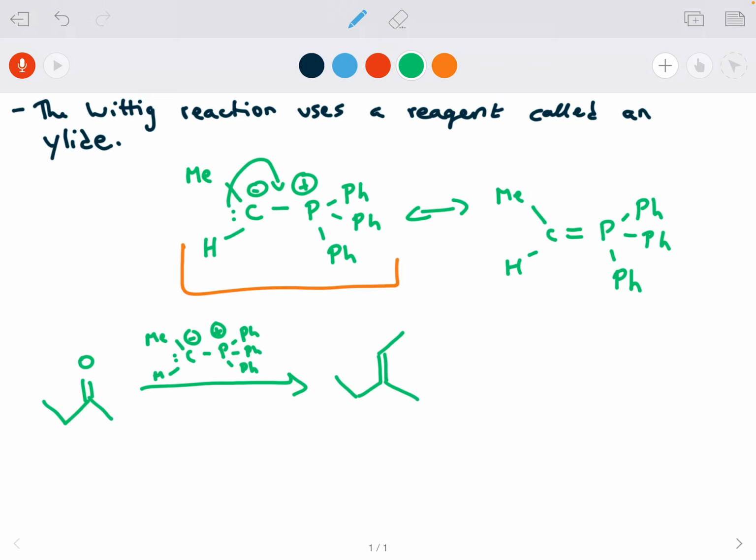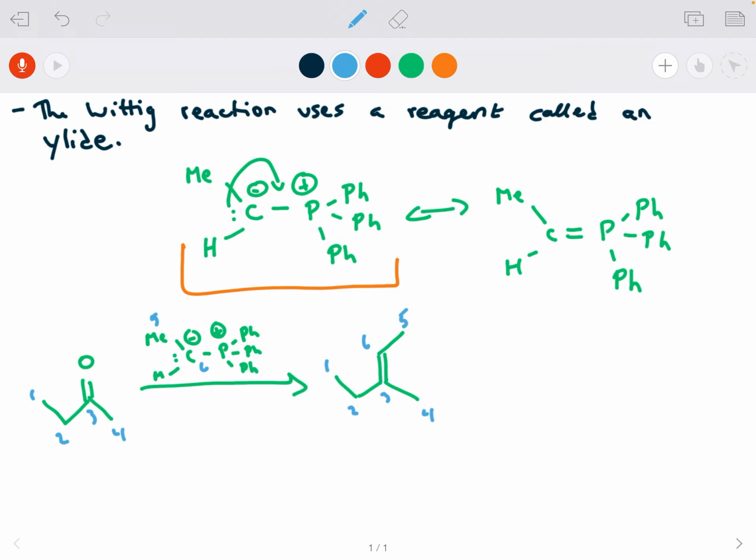That would be my product. Right, numbering the carbons, 1, 2, 3, 4, 5, 6. I would have 1, 2, 3, 4, 6, 5. Those would be the carbons.